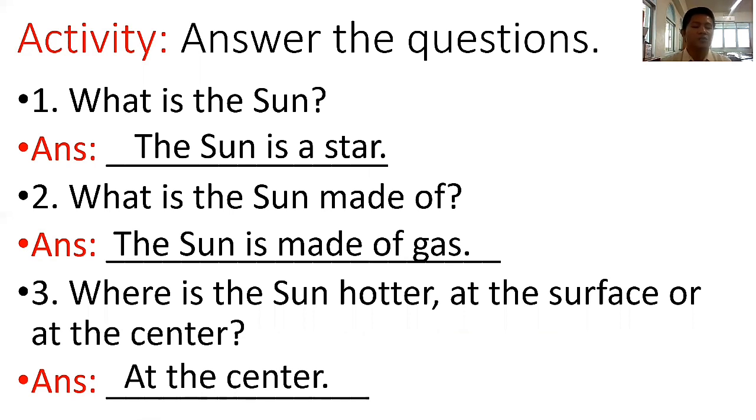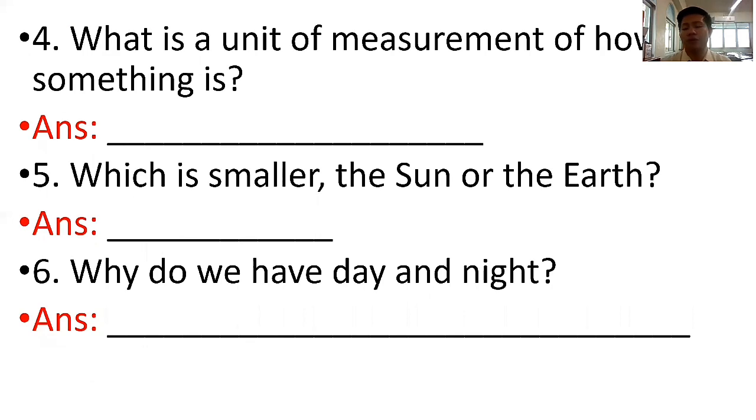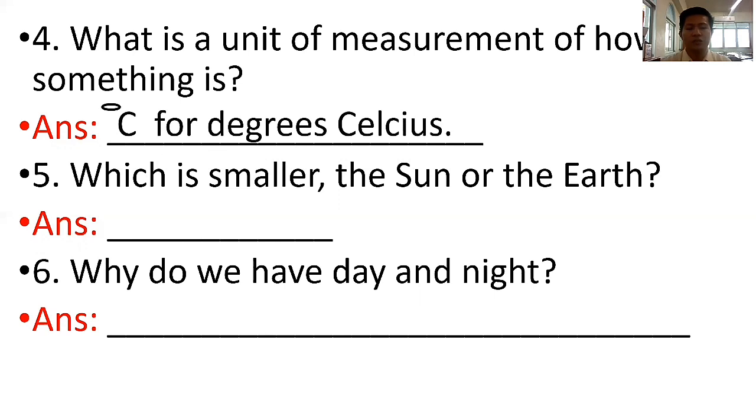Okay, let's proceed to question number 4. What is a unit of measurement of how hot something is? Okay, the correct answer is C in short, which stands for degrees Celsius.